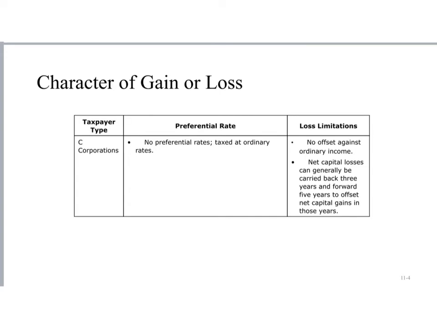All right. So we also then have C corporations. We're not going to deal with C corporations nearly as much, but remember when you're talking about C corporations and capital gains and losses, that works a little bit differently than with individuals. But that is not the focus of our conversation currently.